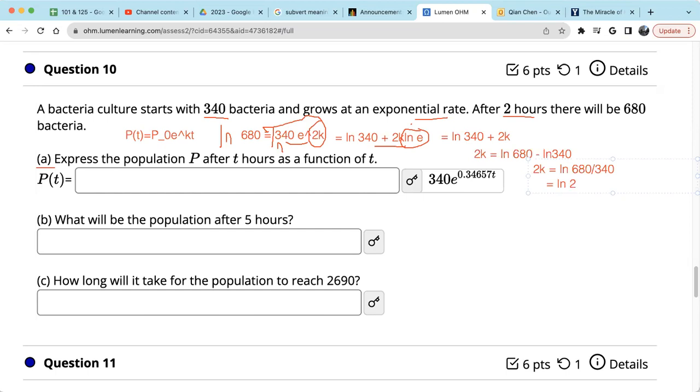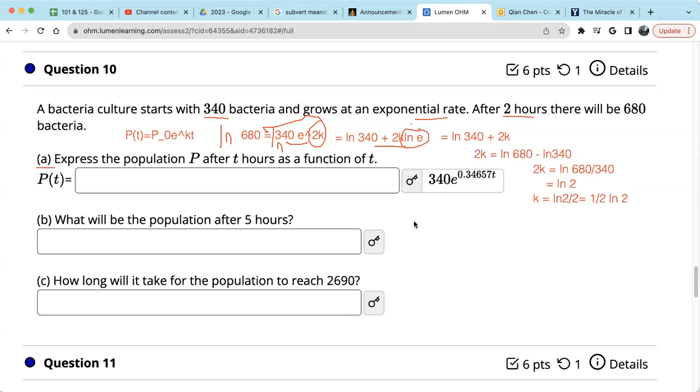That's ln of 2. So k equals ln 2 divided by 2, or you can think of it as a half of ln 2. ln 2 is a number, an irrational number, right?